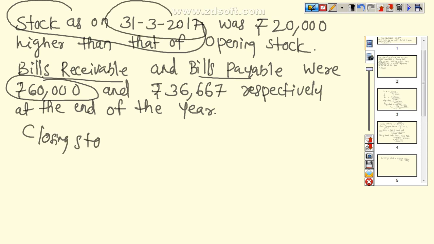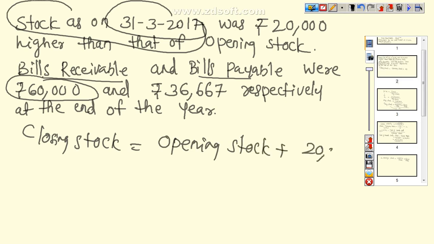Closing stock is equal to opening stock plus 20,000, according to the sentence. We don't know the value of opening stock. We can assume opening stock as X. So closing stock is equal to X plus 20,000.